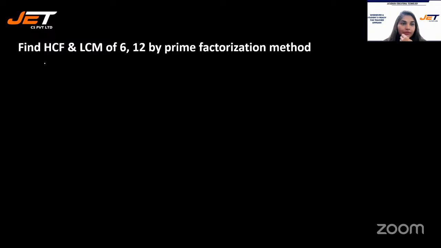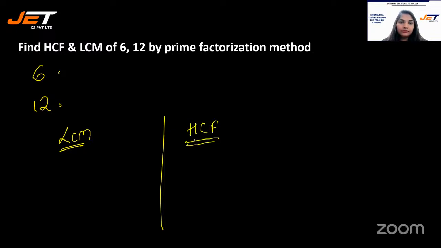HCF and LCM of 6 and 12. Okay, so here 6 can be written as 2 times 3 and 12 can be written as 2 times 2 times 3, which is like 2 times 2 is 4, 4 times 3 is 12.